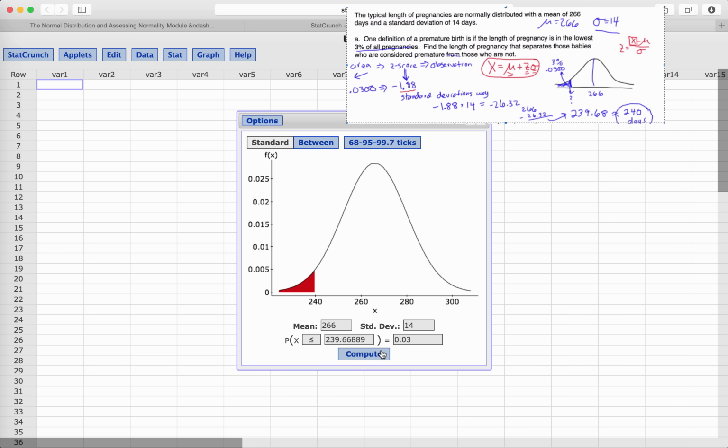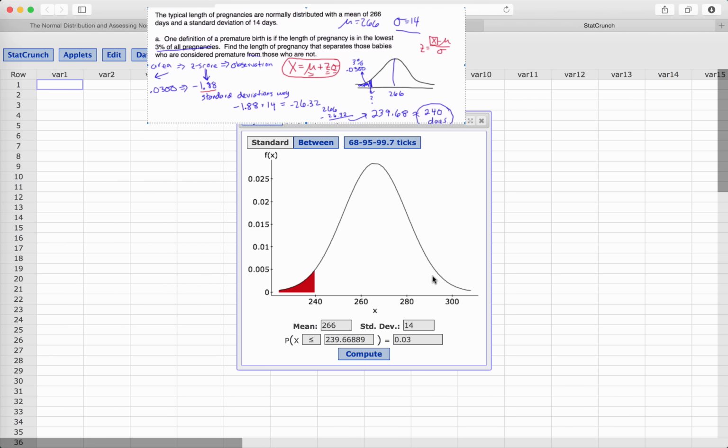When you hit compute, it's going to show us the lowest 3% on our normal curve is associated with an observation of 239.66 and so forth, which if we were to round that to the nearest day, since we're talking about days, that would be about 240 days, which is what we got.